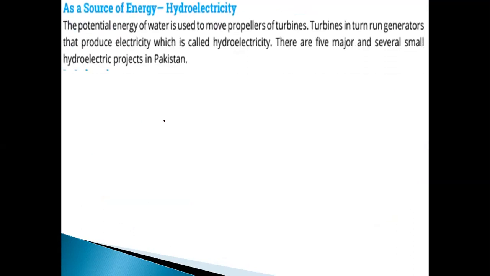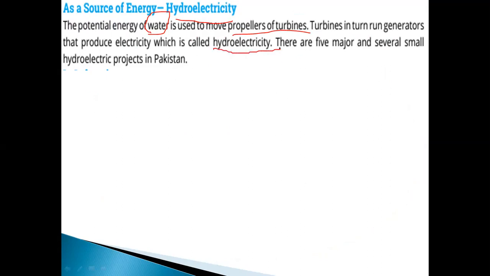So as an energy source, especially for hydroelectricity, we use water, because the potential energy of water is used to move propellers of turbines. There are big wings and fans attached under this water. That is called turbines. And these turbines, in turn, run the generators that produce electricity.